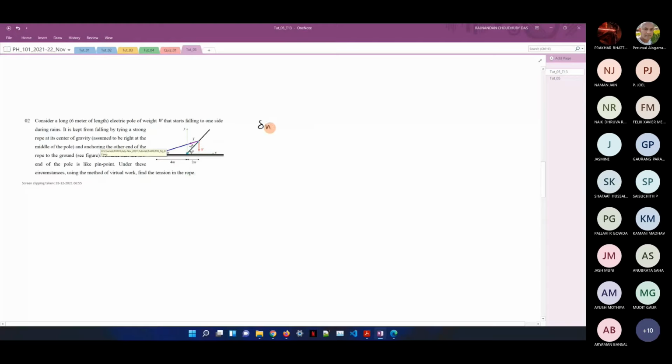So first of all, using virtual work, we know our virtual work done will be written like this: F i dot delta R i. So you have to know your R i, and the F i you already know. So let us write R i first. Suppose this length is 3 meter.